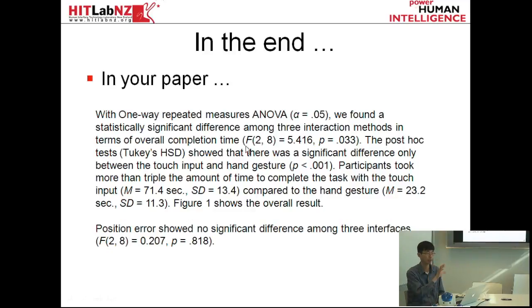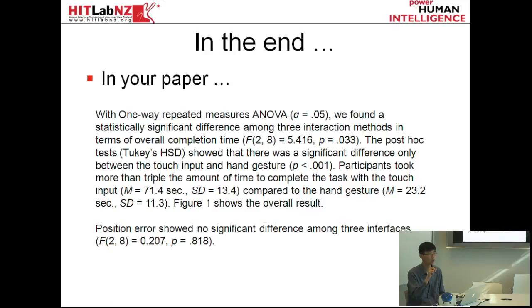So you say how many conditions you were comparing, and then in terms of overall completion time, you're basically talking about independent and dependent variable, and then you were able to say there was a significant difference because of these statistics values.